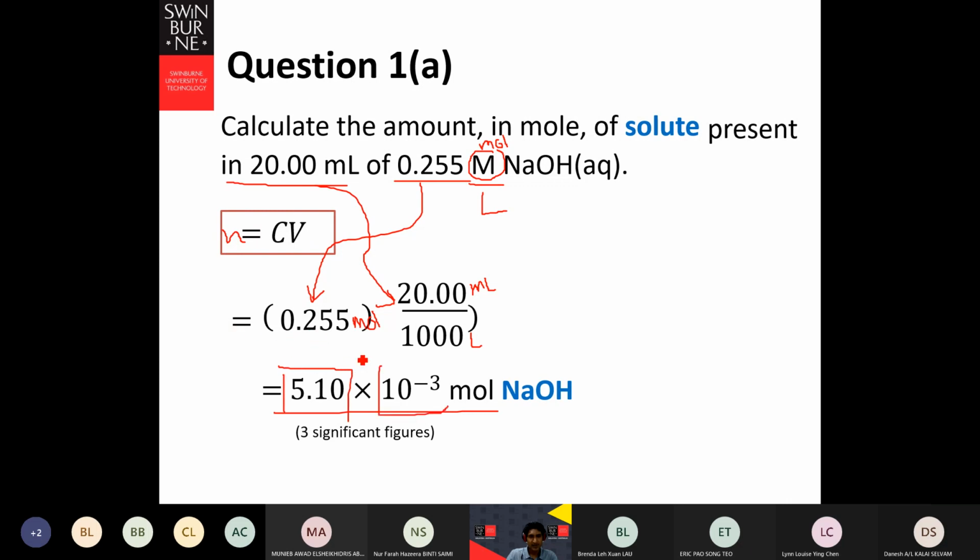When you count the significant figures, the 10 power is not counted. Only the rest of it is counted. So if it were 0.050, let's say, just as an example, times 10 to the power negative third, it would be 3 significant figures as well.